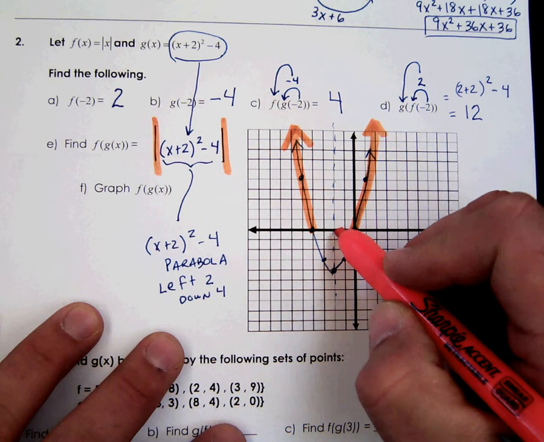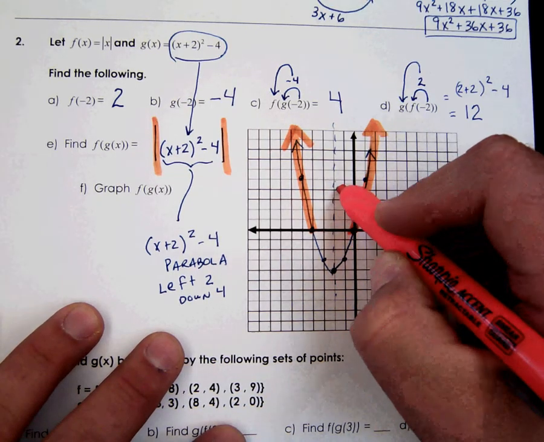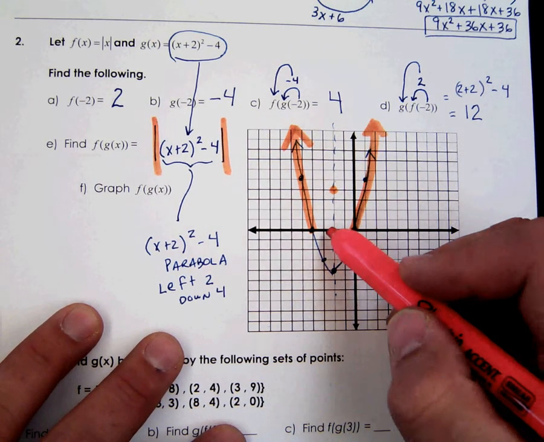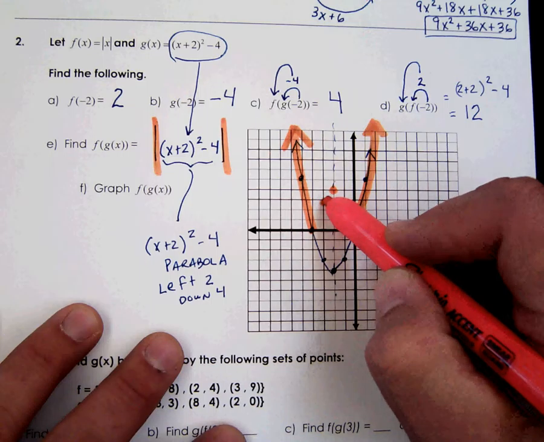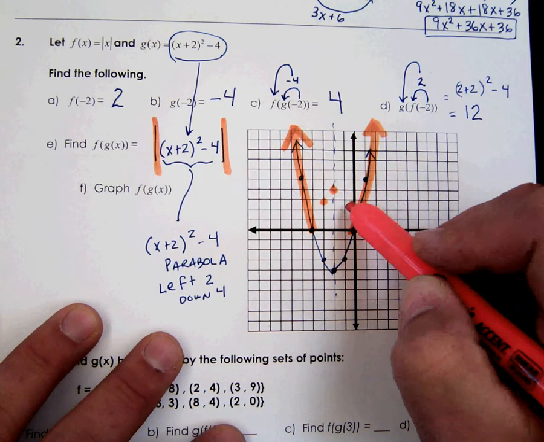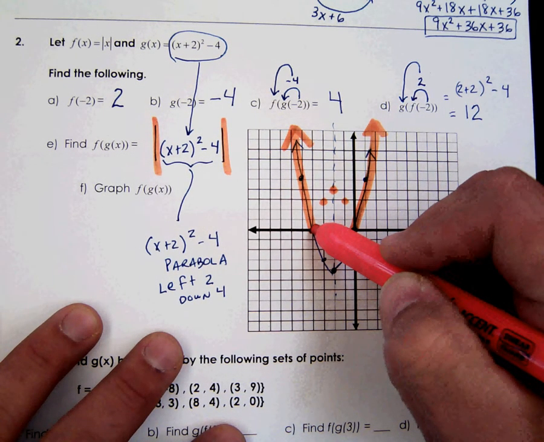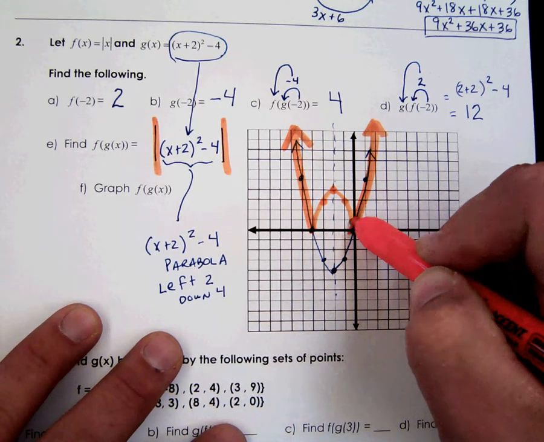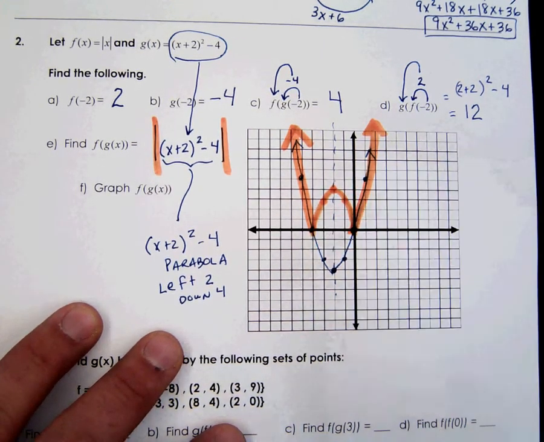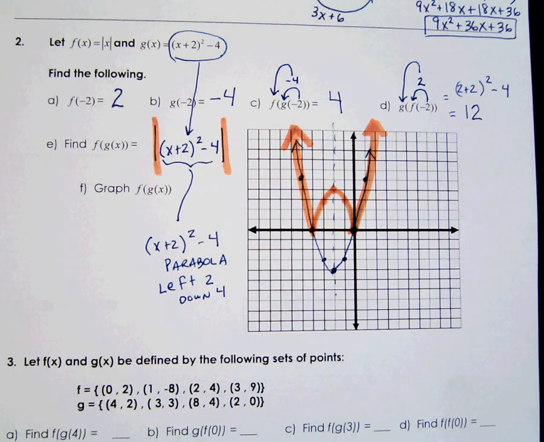So this point that was down 4 should be reflected up 4. This point that was down 3 should be up 3. And this point that's down 3 should be up 3. And it basically causes this to happen. The orange graph is the final answer. You can check that on your graphing calculator.